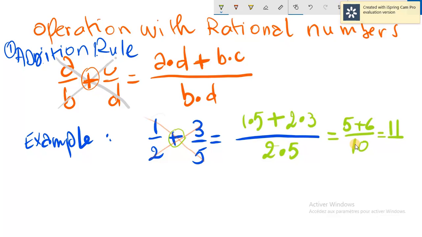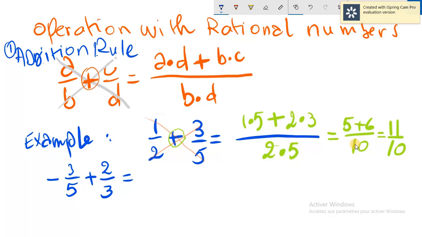Let's give another example. What if this time you have negative 3 over 5 added to 2 over, let's say, 3. So what we're going to do, we are going to go through the same process.